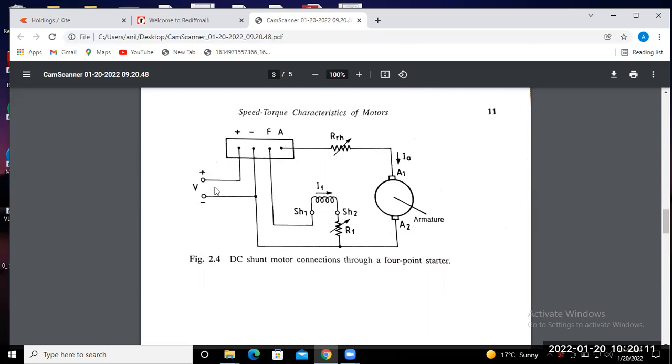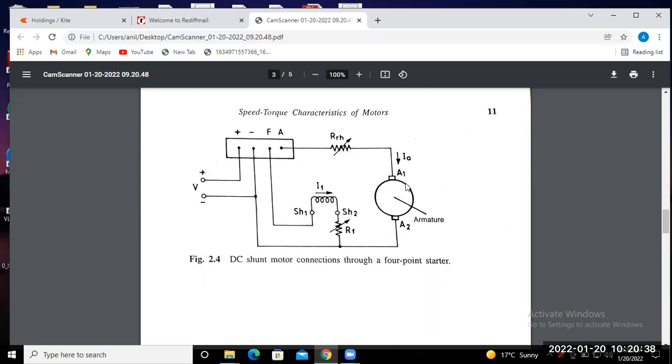So this is V, the applied voltage to the motor. V equals IA times R_A, where R_A is the armature resistance, plus EB, the back EMF induced in the motor.